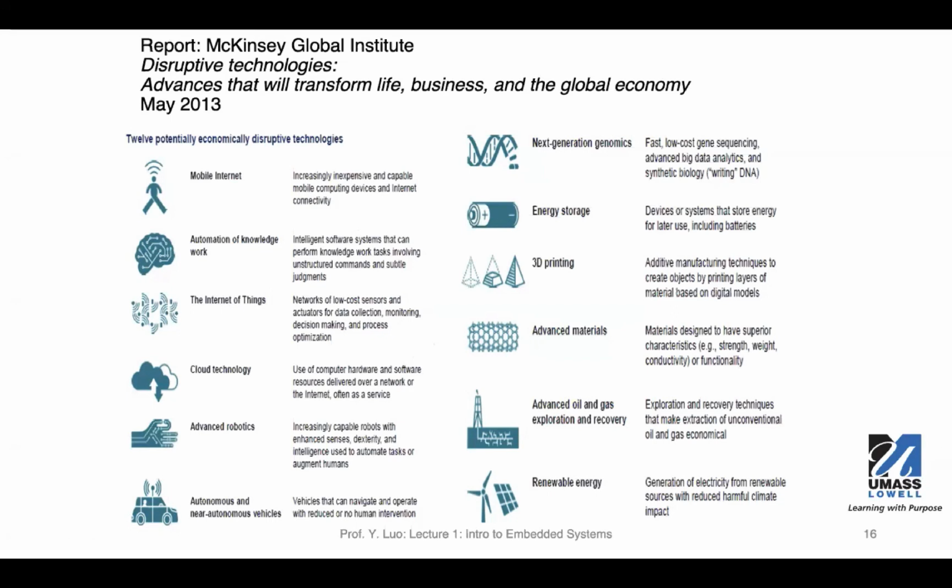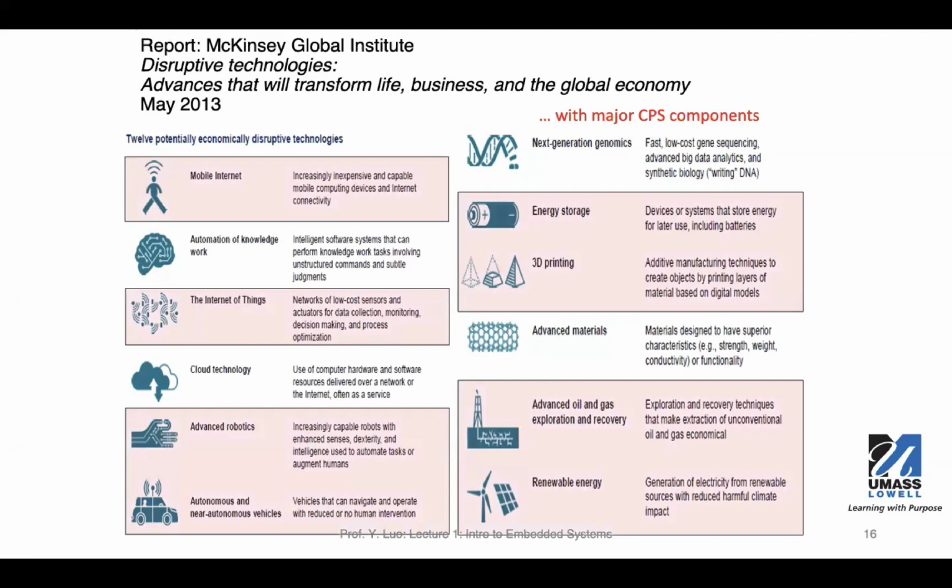You can see these are still very hot terminologies, or people are still trying very hard to advance these technologies. Out of this list, we can see that many of them have major CPS components.